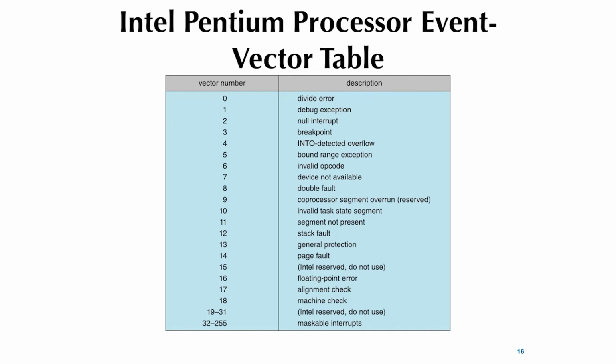And you can do bounds checking. The device not available, coprocessor segment overrun, invalid task state, stack fault. So you can set up a threshold for the stack. Page fault is certainly one of them. And then Intel has some secret backdoor in there for their own use. So do not use. And floating point error, alignment, right, and all those.